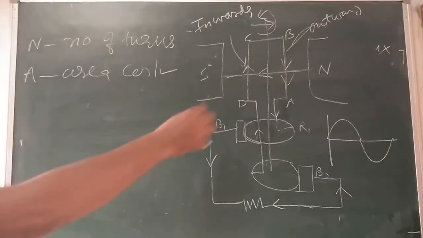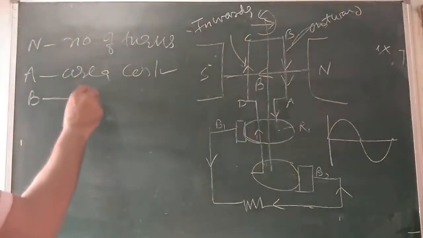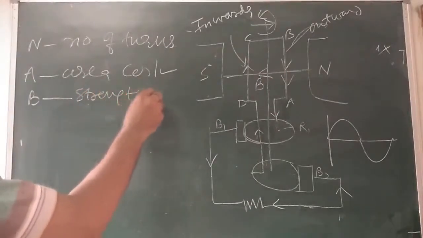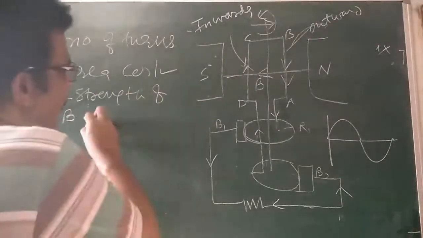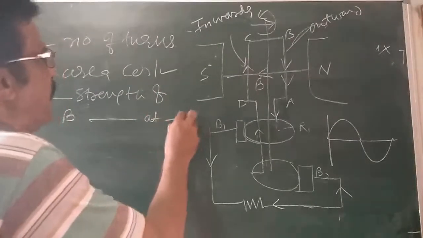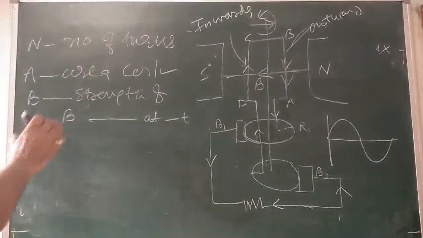Suppose B is the strength of the magnetic field at any instant of time t. So the magnetic flux linked with the coil.